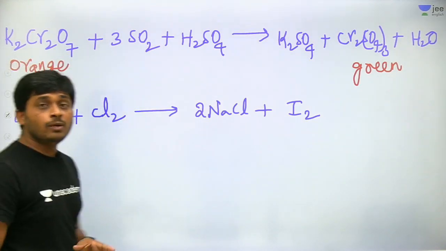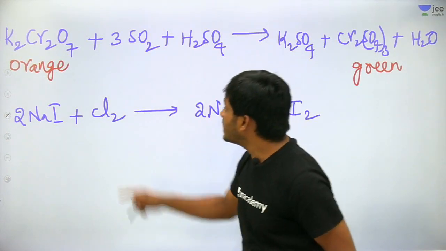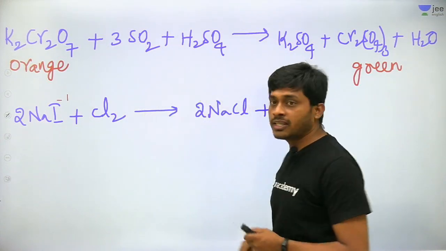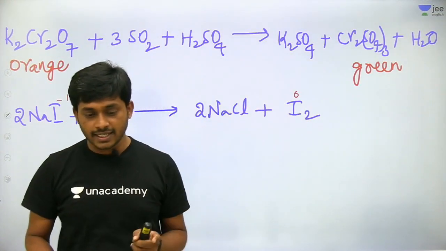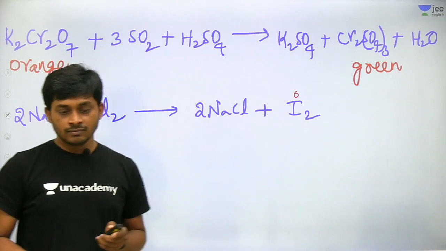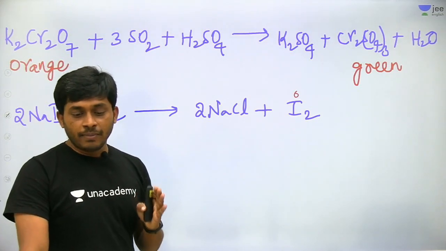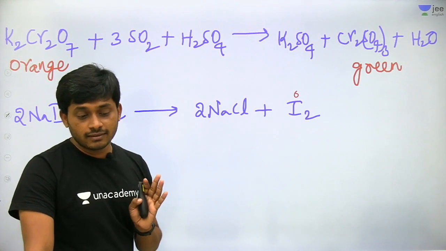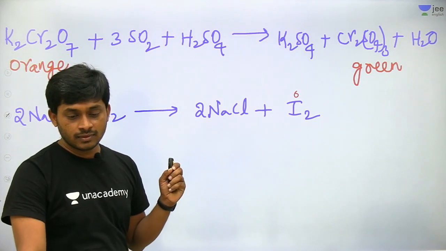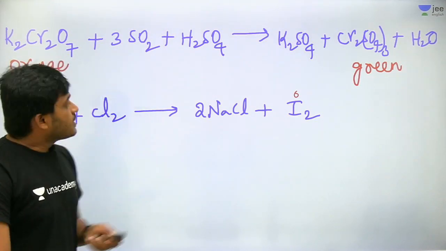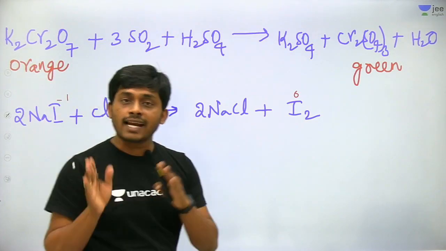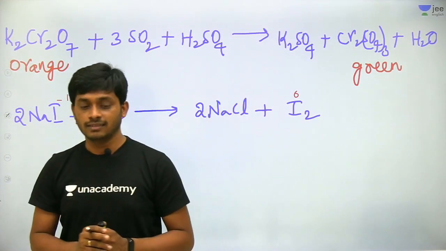Sodium iodide, when you pass chlorine gas, chlorine is the oxidizing agent, oxidizing I minus to I2, that is 0. For this 2 marks question, no need to write color and all. Just write the reaction. Just the reaction is important.